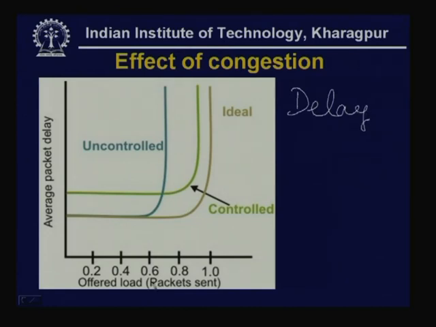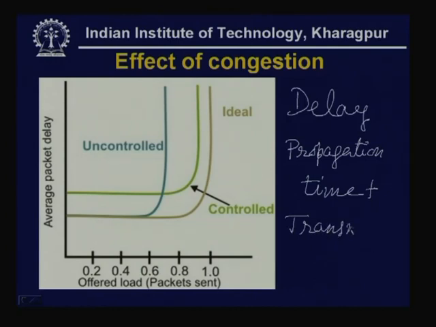In the ideal situation, as long as the offered load is within the capacity of the network, delay is very small, and it is decided only by the propagation time and the transmission time of the packet. There is no other delay in the network.